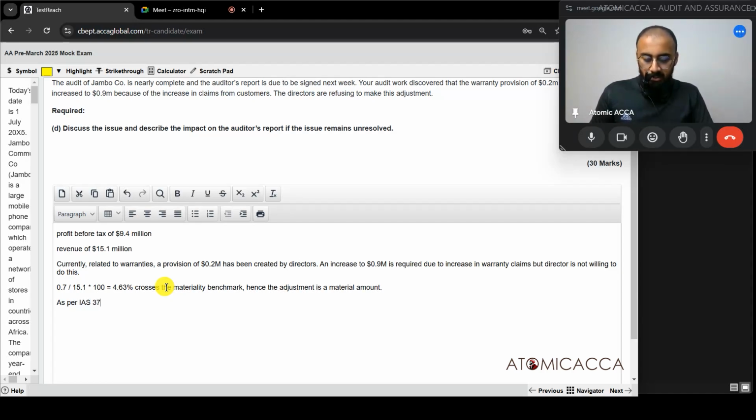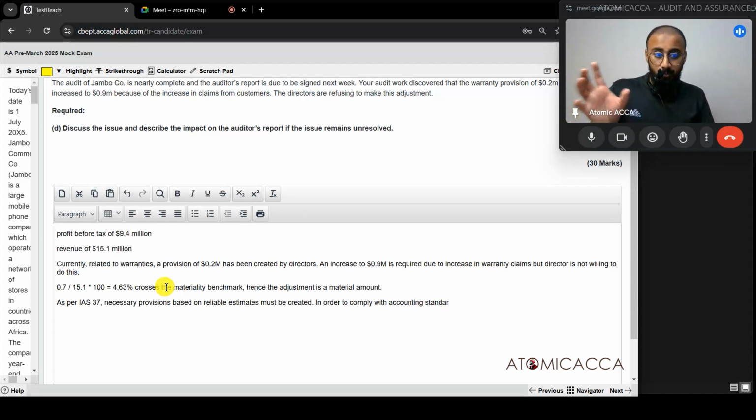As per IAS 37, necessary provisions based on reliable estimates must be created in order to comply with accounting standard. It's not mandatory to write as per IAS 37. You can just write as per provisions accounting standard or as per IFRS. Then just write the rule.